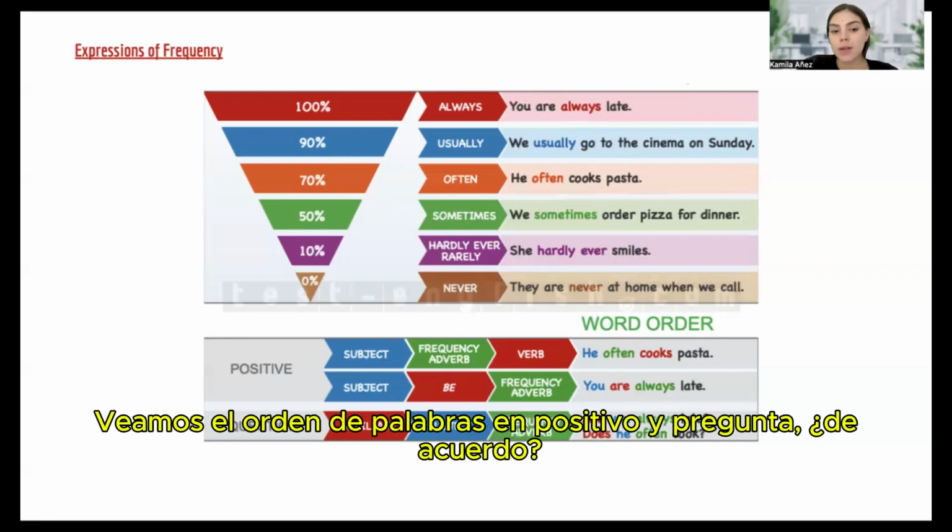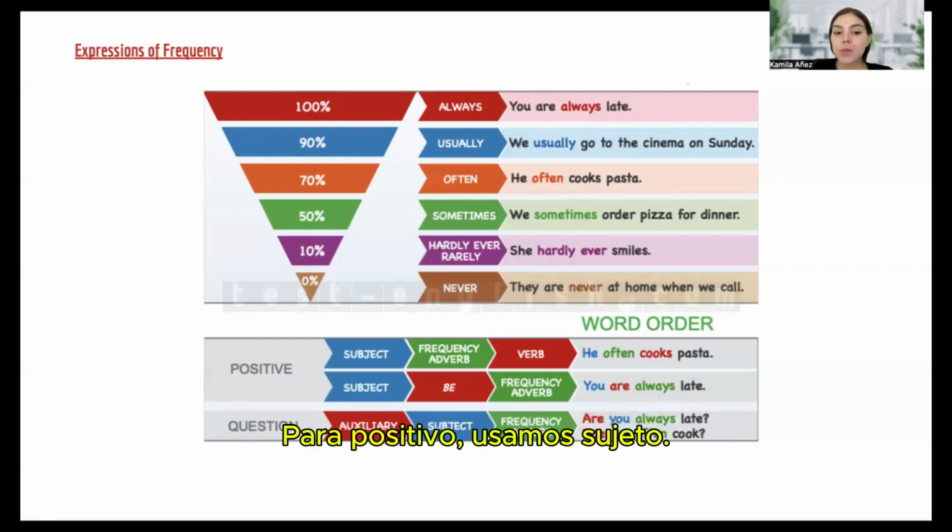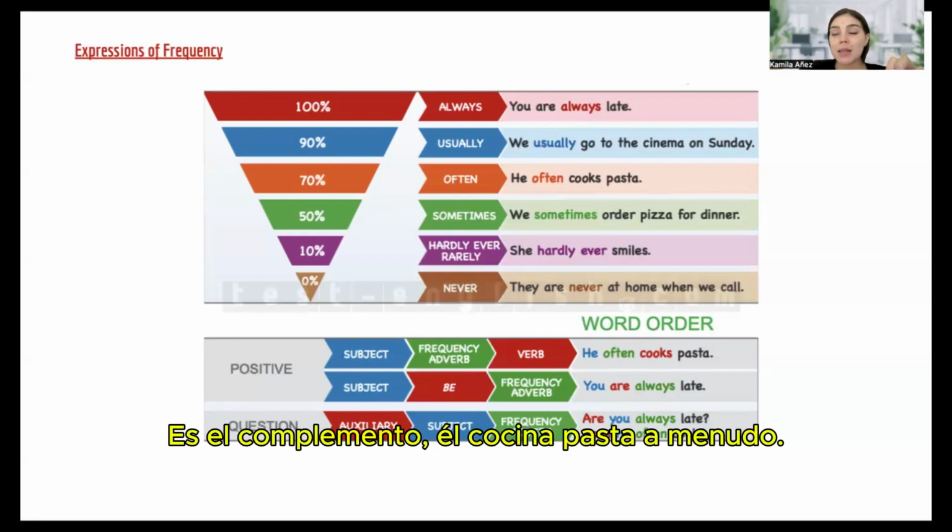Let's see positive and question word order, okay? For positive, we use subject. We can use a frequency adverb or expression of frequency, and then after that, we use the verb. He often cooks pasta. He, subject, often, adverb of frequency, cooks, verb, pasta is the complement.